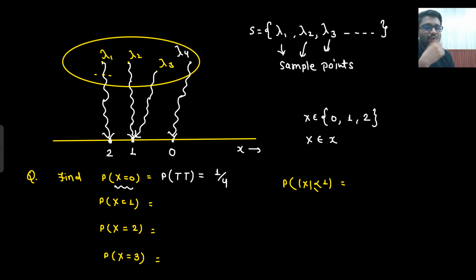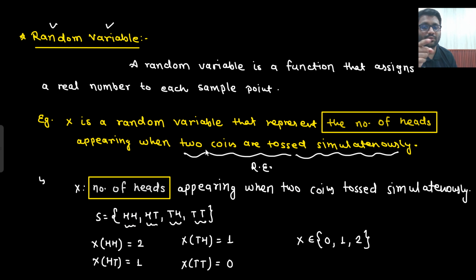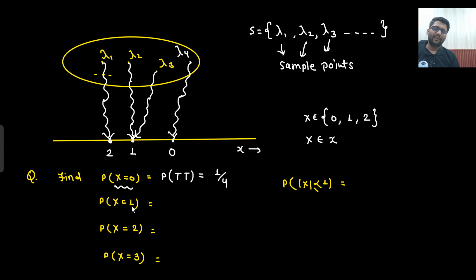What does that mean? What is the probability, when you toss two coins simultaneously, of getting number of heads equal to 1? That means either you can get head-tail or you can get tail-head, right?